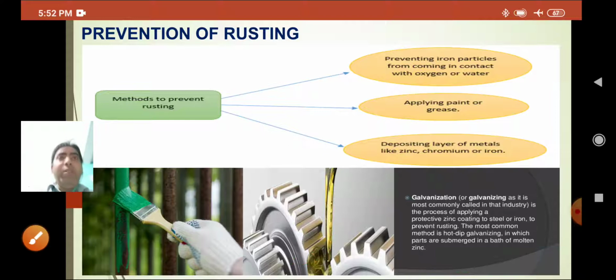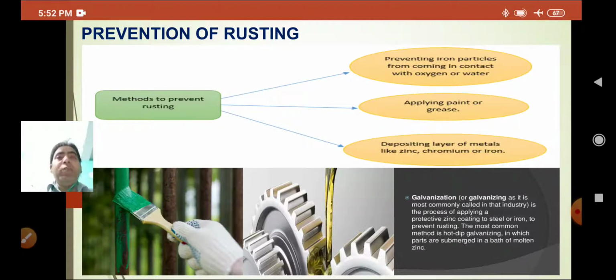Now one more important method is coating iron with metals, which means galvanization. You do not have to read this, but for the knowledge I am saying, the process of depositing a thin layer of zinc metal on an iron object is called galvanization.